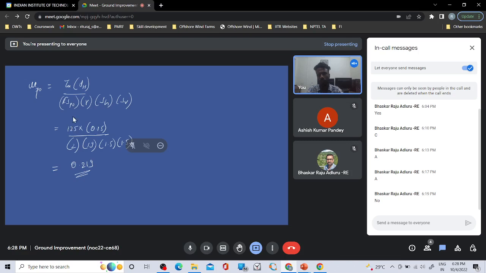Since we are asked to calculate the normalized pull out resistance, this pull out resistance, tau u into dh, is normalized with the spacing in horizontal and vertical direction and with the gamma. So the answer is 0.219.